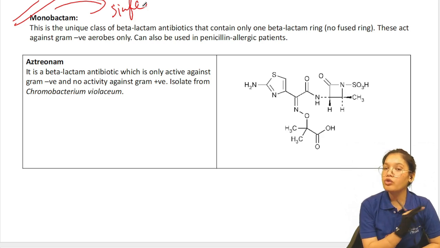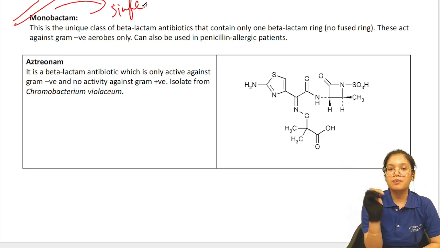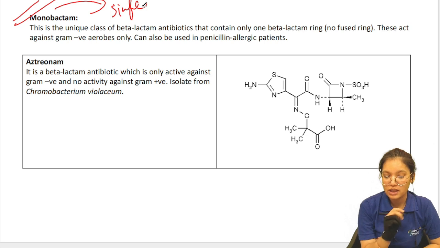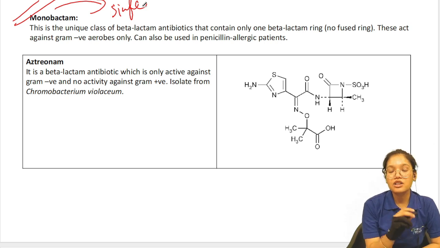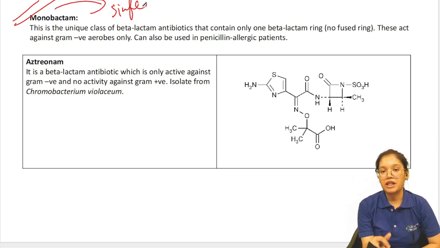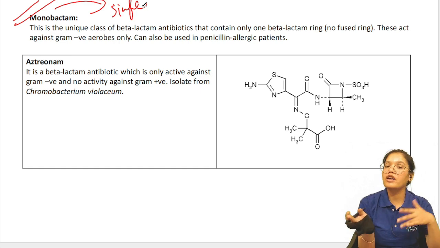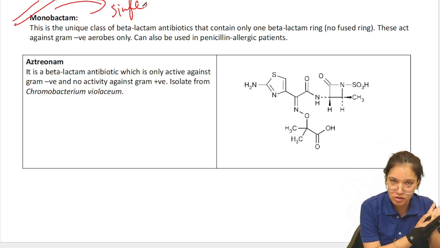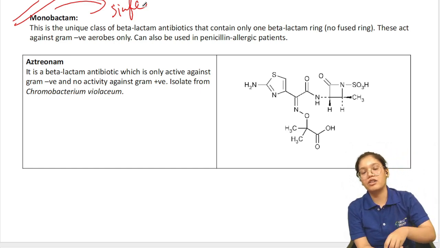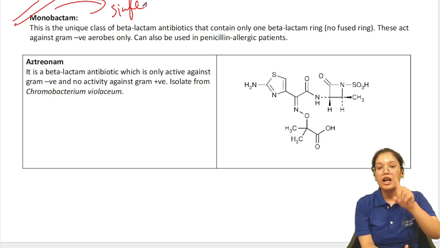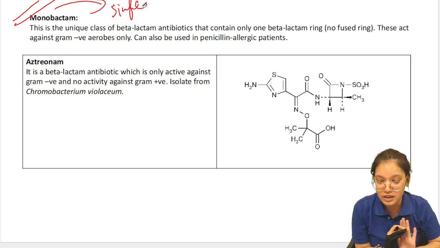There is no fusion in these antibiotics. They act against gram-negative bacteria only, so they are not effective against gram-positive bacteria.